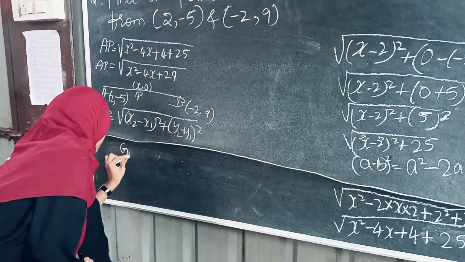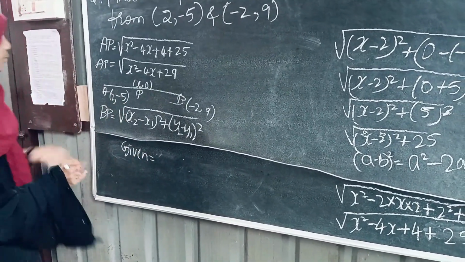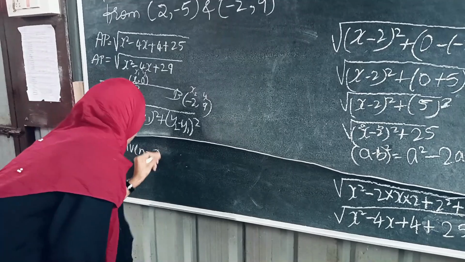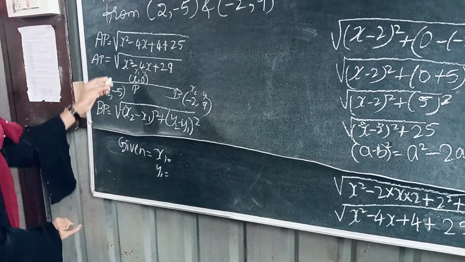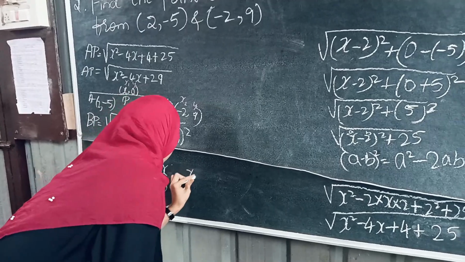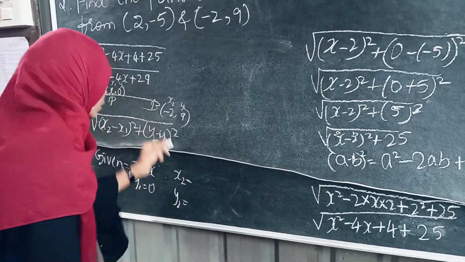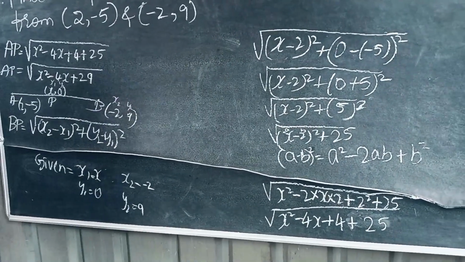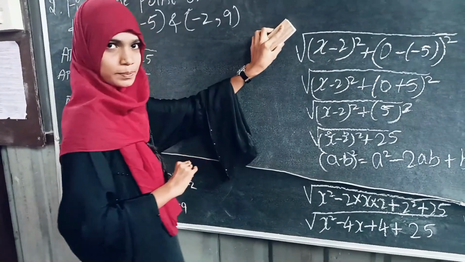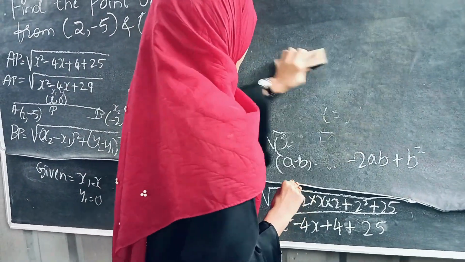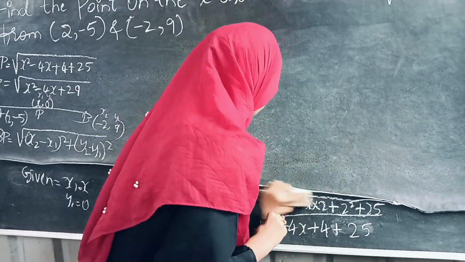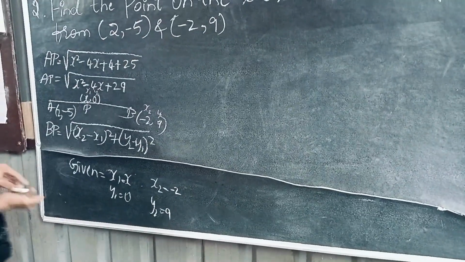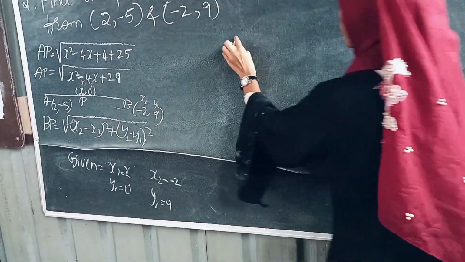We will write the given: x1 y1 x2 y2. x1, y1 is (x, 0), x2, y2 is (minus 2, 9). We will put this in this formula.